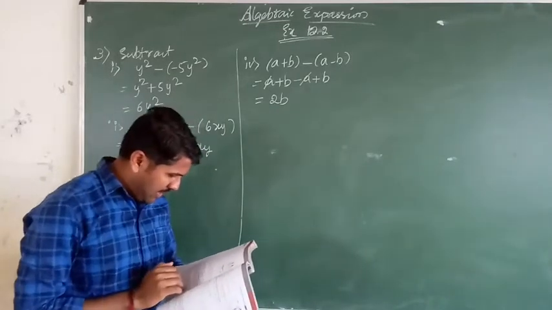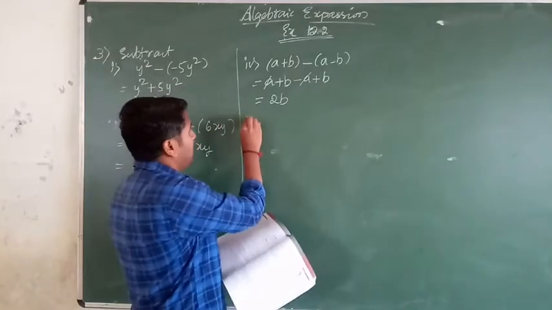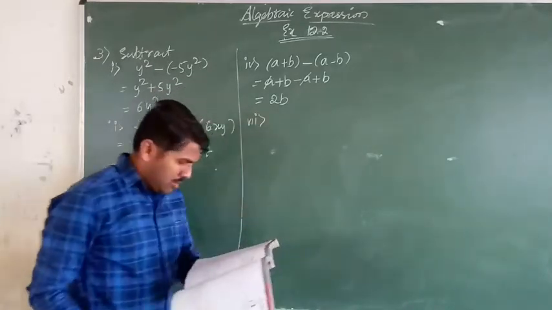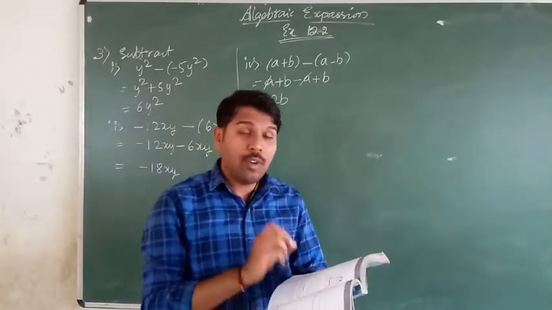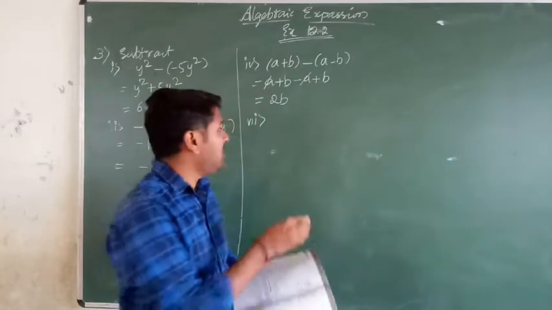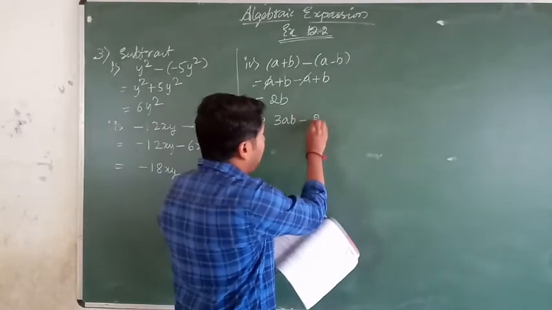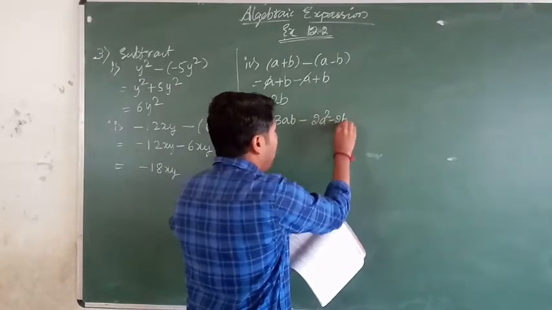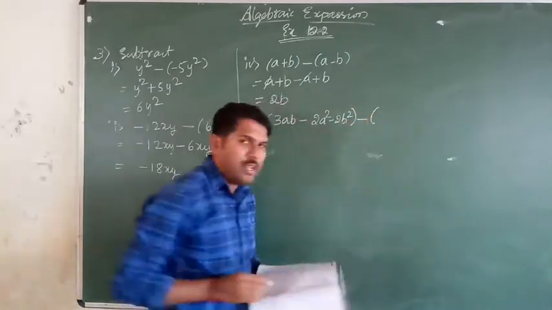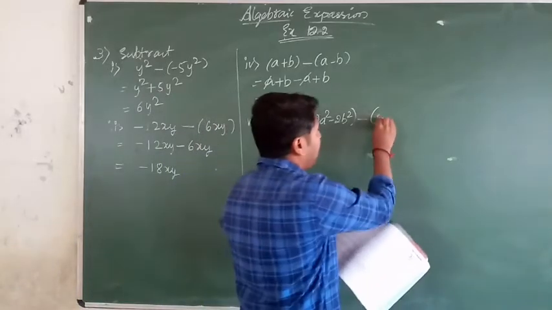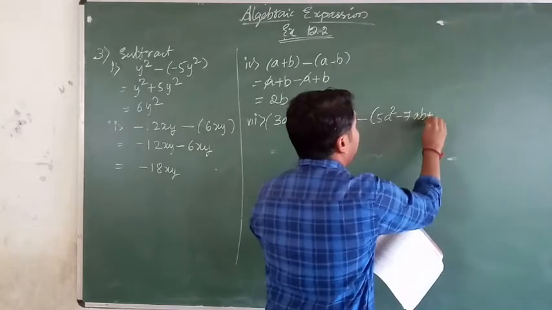So next we take the seventh one. 5a square minus 7ab plus 5b square from 3ab minus 2a square minus 2b square. From means the first term is 3ab minus 2a square minus 2b square. We have to subtract the second term, 5a square minus 7ab plus 5b square.